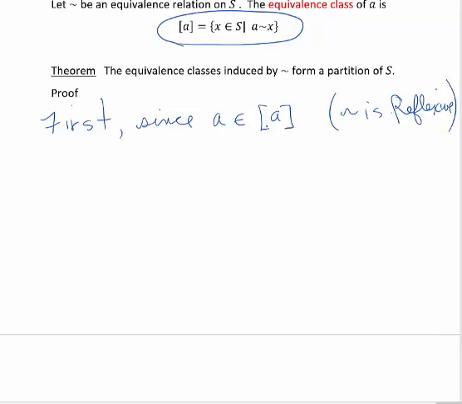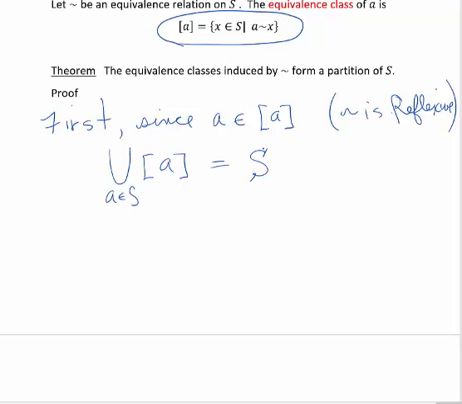So since every element of S is in its own equivalence class, certainly if we take the union over all A in S of the equivalence classes of A, this is going to be equal to the set S. So we know that since the relation is reflexive, the union of the equivalence classes is equal to the set.